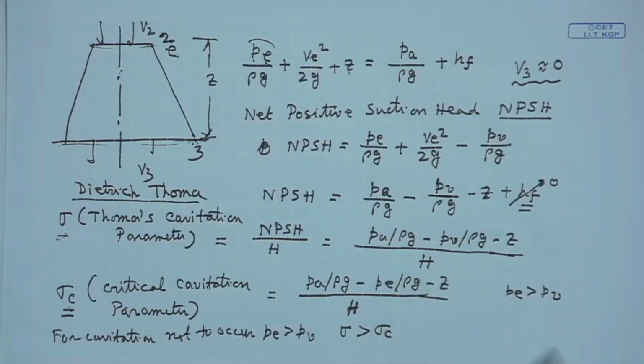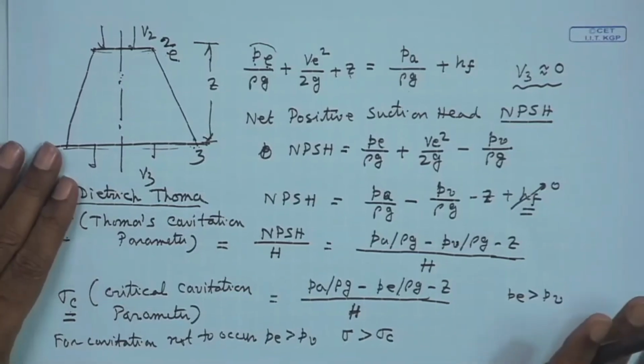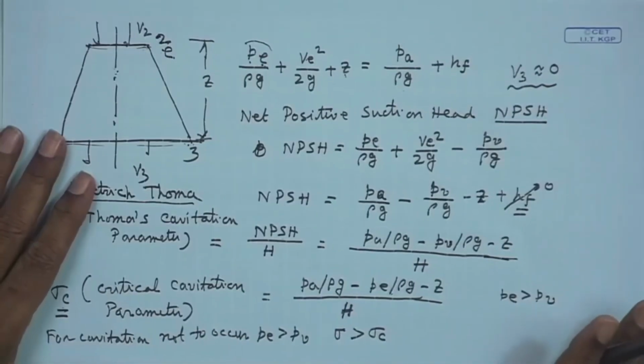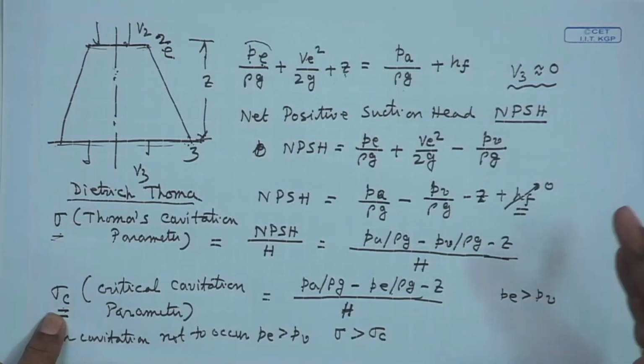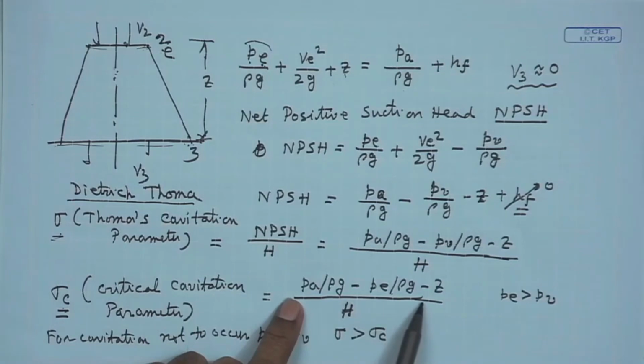But what is done in practice is that the critical cavitation parameter of a Francis turbine at its rated condition is known. This is the practice in the design. So, we know the critical cavitation parameter, which is given by this equation.